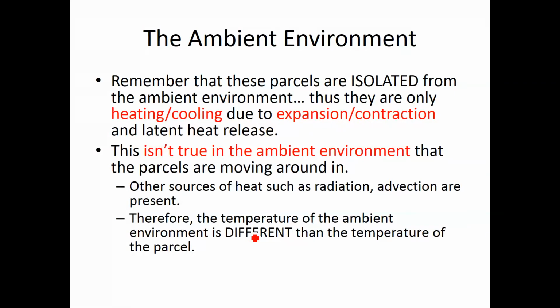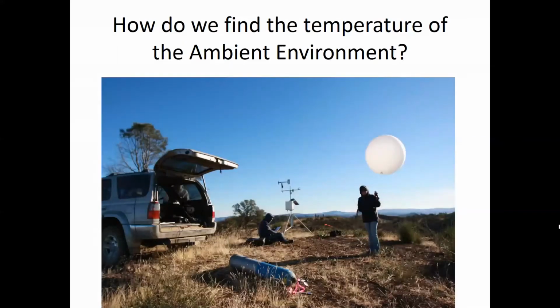The air surrounding the parcel cools at a different rate. Things such as radiation, advection, certain winds, all have impacts on the ambient environment. Therefore, the temperature of the ambient environment is almost always different than the temperature of the parcel.